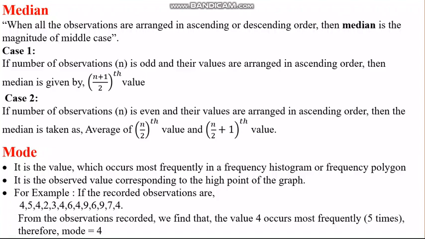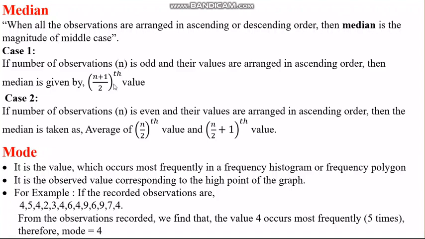Suppose 3 people are there, the middle fellow. 3 is odd, no? So if 3 are there, the middle fellow's value is the median. If the number of observations n is odd and their values are arranged in ascending order, then the median is the (n plus 1) by 2th value.